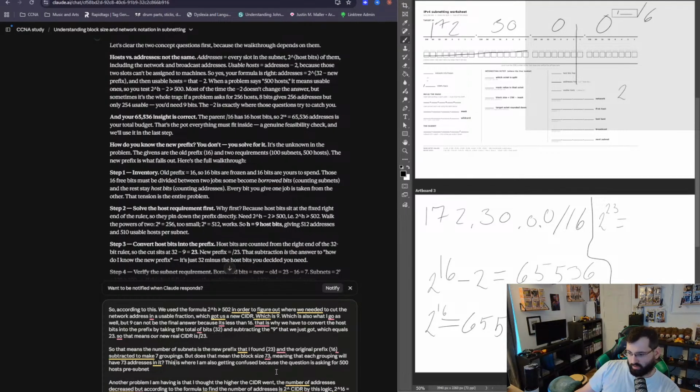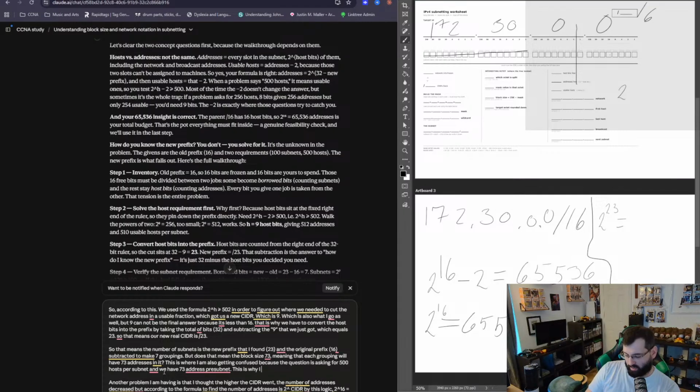This is where I'm also getting confused, because the question is asking for 500 hosts per subnet, and we have 73 addresses per subnet.